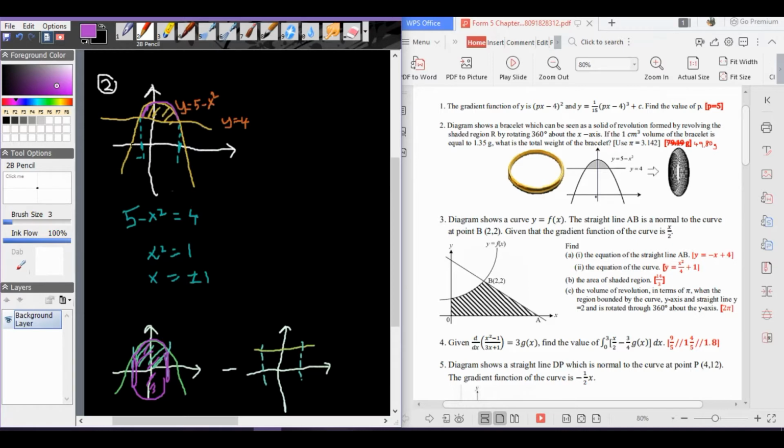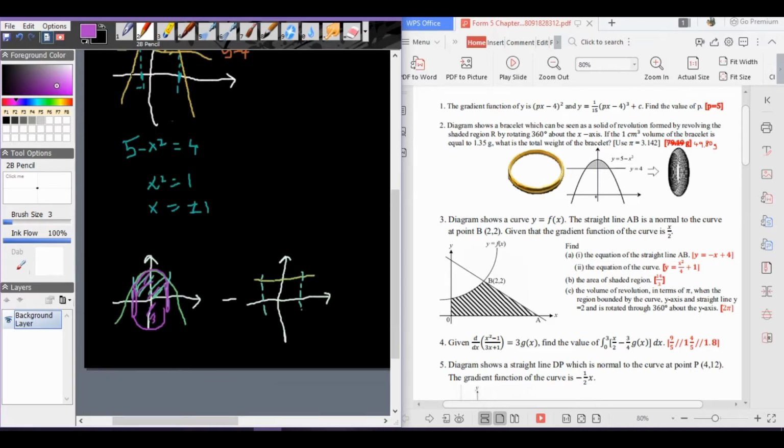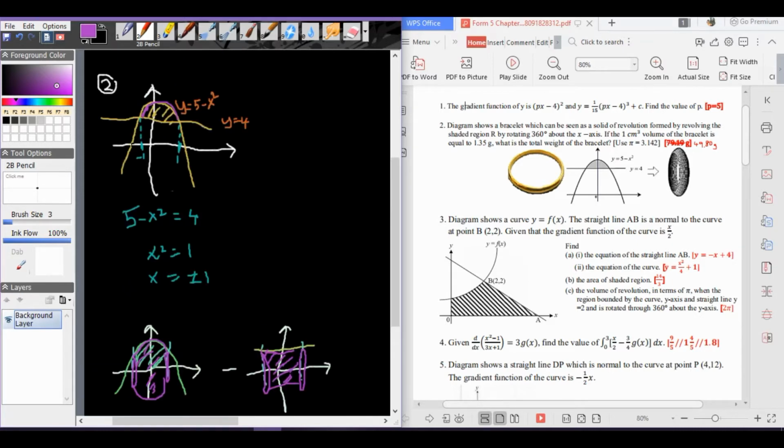Then we have to minus the volume generated by this straight line. When we rotate this, you will have a volume that looks like this. So the shaded region is the volume of the curve minus the volume generated by the straight line.